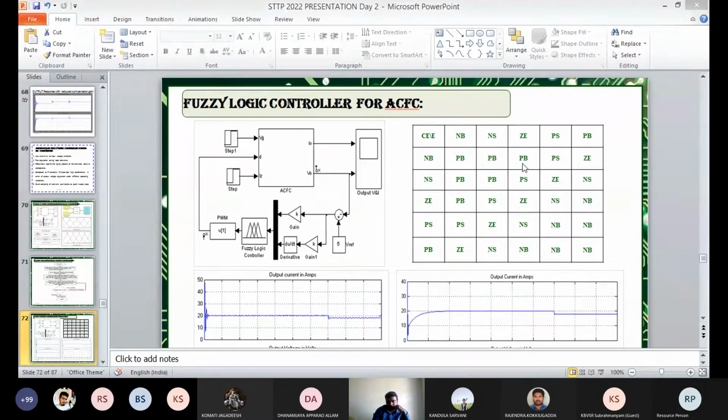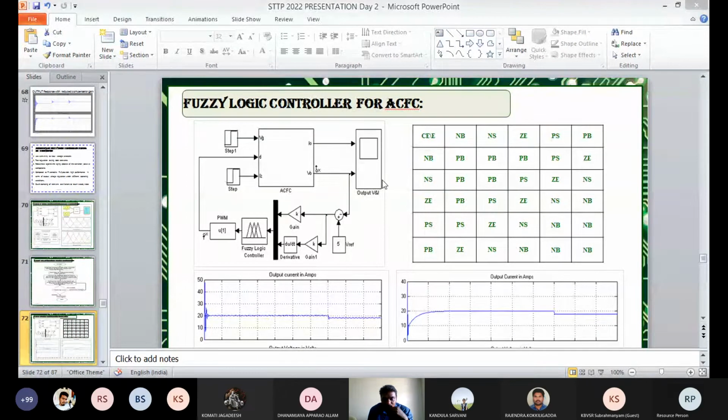Like that we need to observe the different conditions. Once again I will explain. If both errors are zero error, we get zero error. If both are negative big, you need to drag with positive big. If both are positive big, you need to drag with negative big. In some other cases, if one is zero error and the other is negative small, you need to drag with positive small.